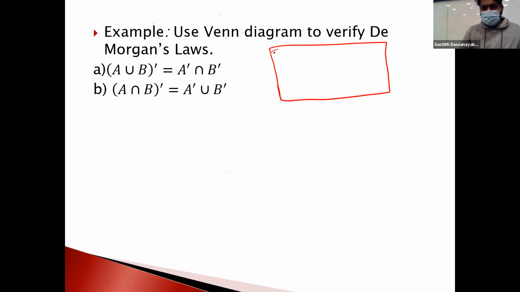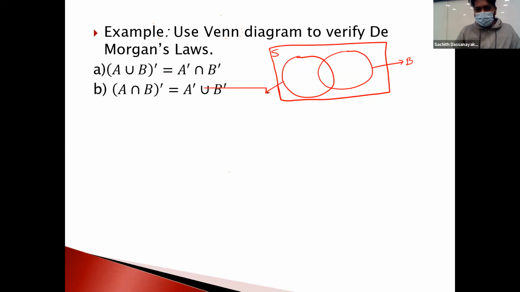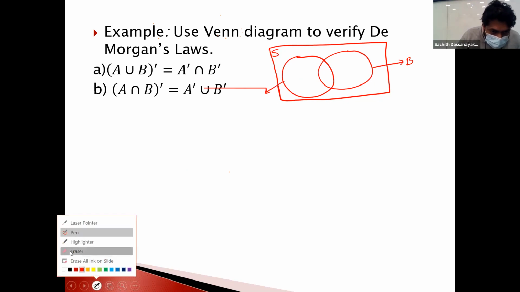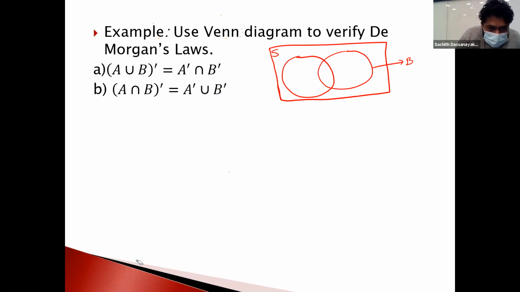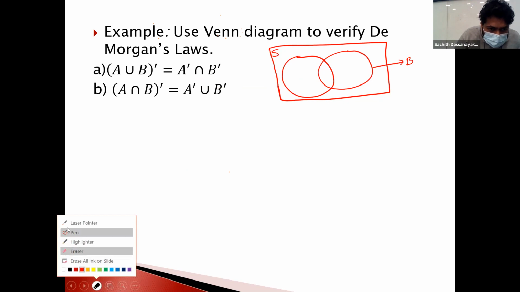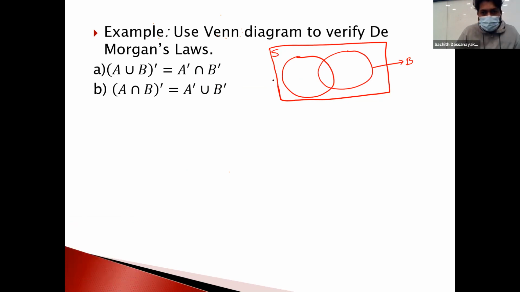Okay, this is my S, capital S, the sample space. So I have two events, A and B. This is my B, and this is my A.